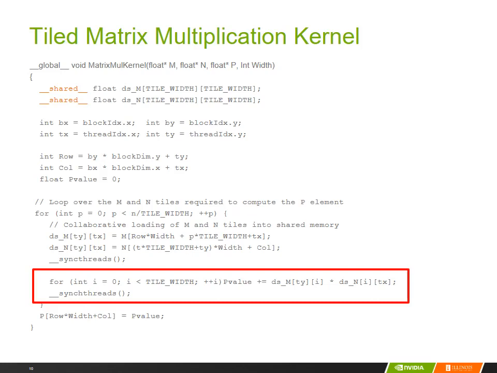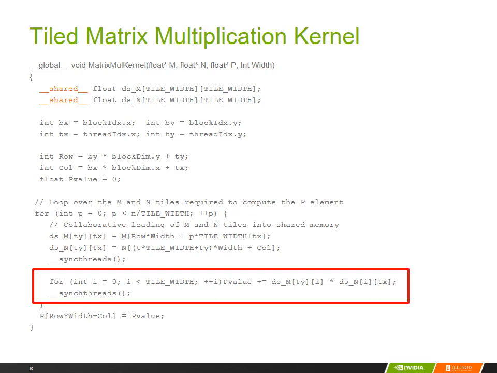So once all the threads have reached the syncthreads, we know that the current contents of the shared memory arrays Mds and Nds are no longer needed, so we can go to the next iteration of the for loop, which means we're going to be loading the M element tiles and N element tiles for the next phase.